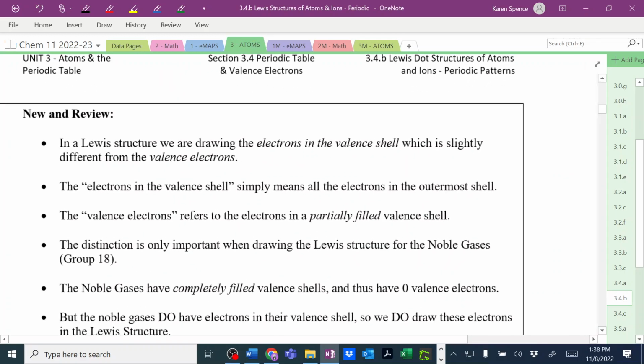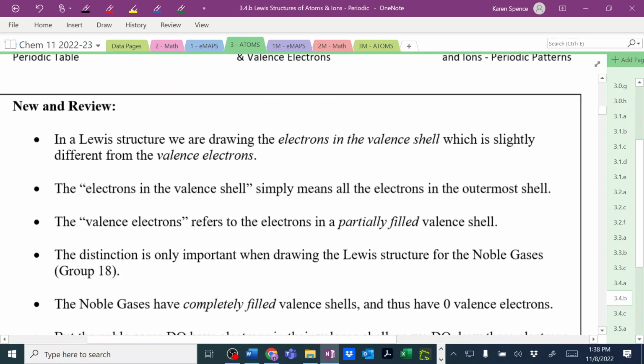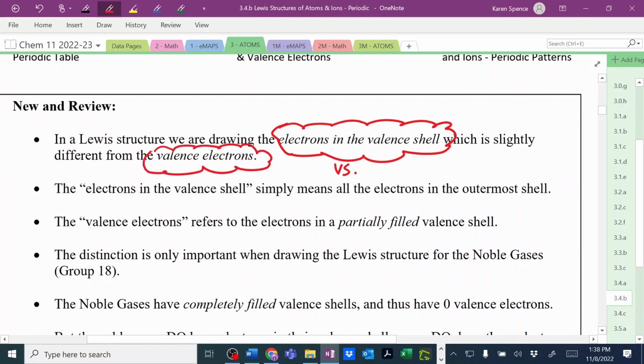In a Lewis structure, we are drawing the electrons in the valence shell, which is slightly different from the valence electrons. Electrons in the valence shell versus valence electrons. Slightly different.